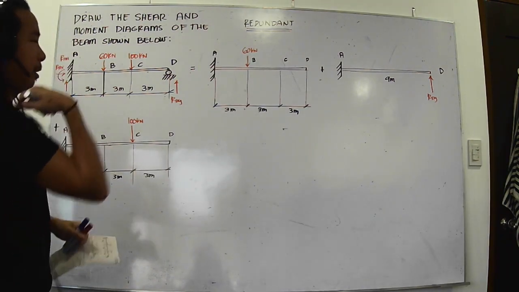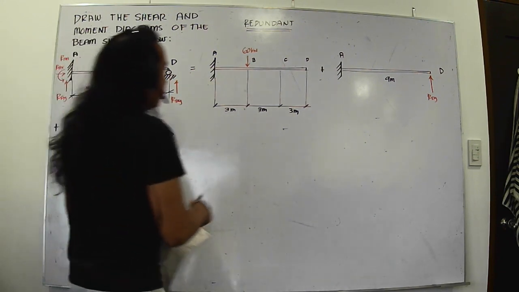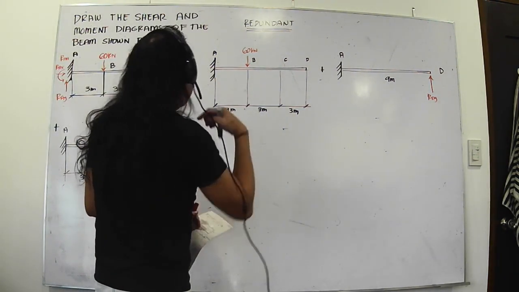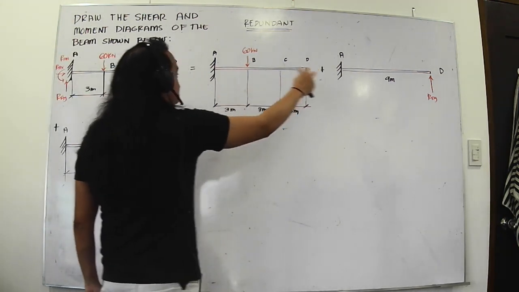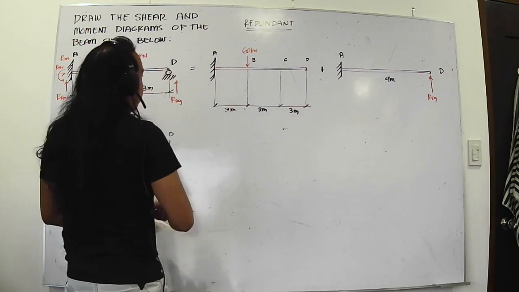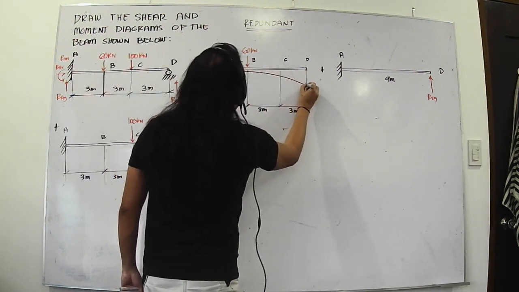Pick apart this beam into three parts. We remove the support and allow the beam to deflect.